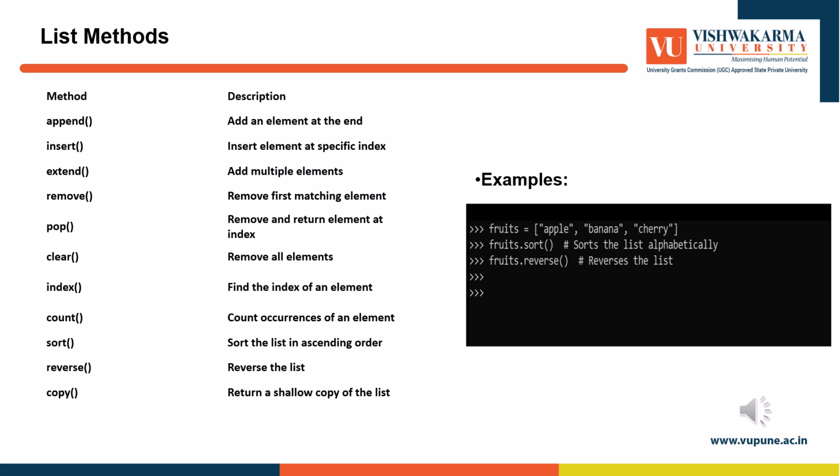Clear removes all elements. Index finds the index of an element. Count counts occurrences of an element. Sort sorts the list in ascending order. Reverse reverses the list. Copy returns a shallow copy of the list. So there is an example. You can have a look at it.